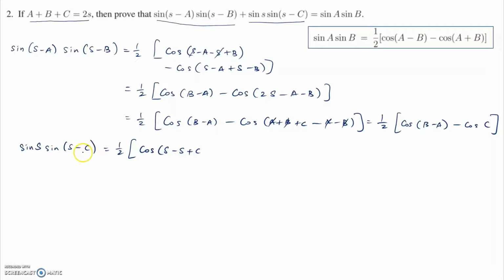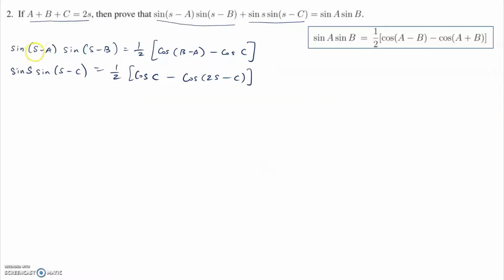Minus into minus will become plus c, minus cos(a plus b). So, that is s plus s minus c. Again simplifying, s and s will get cancelled here. So, this is half of cos c minus, s and s will become 2s, cos(2s minus c).